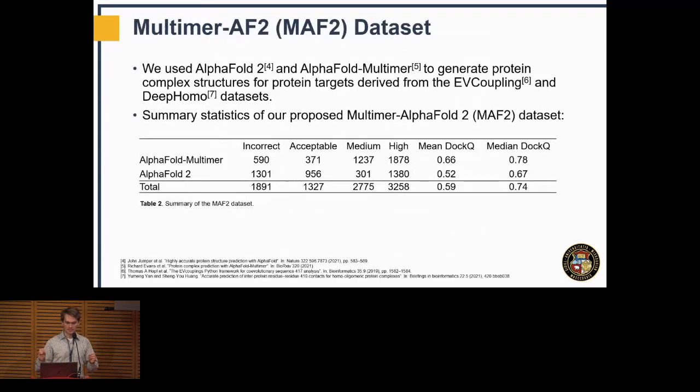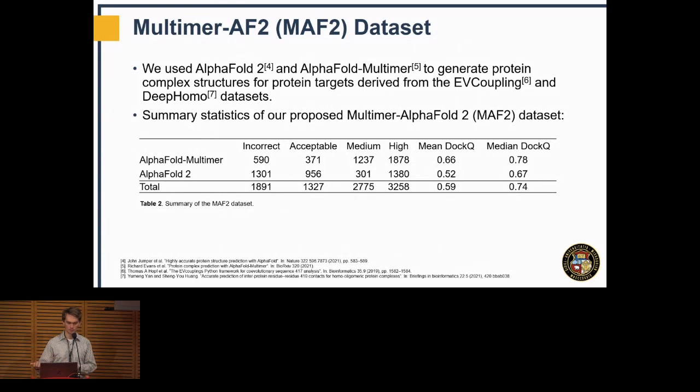Then in terms of our datasets, I mentioned before we have the MAF2 dataset that we make publicly available in this work. It's all linked to our GitHub, and essentially this dataset is relatively high quality in terms of the average DockQ score. You'll see we actually broke it down into two sections, and this is more of a historical reason. When we first were setting out to build this dataset, we only had access to AlphaFold 2.